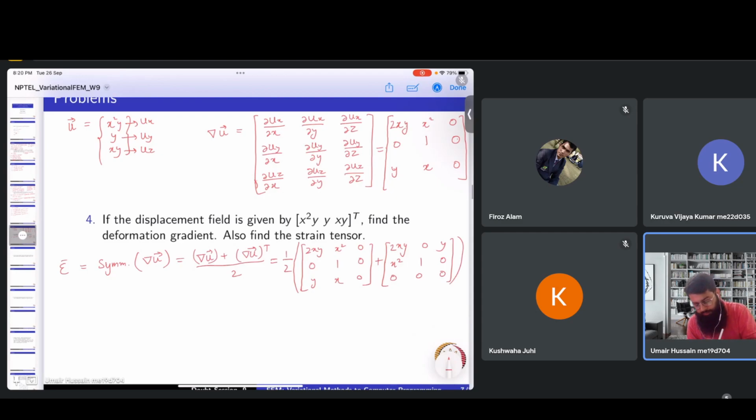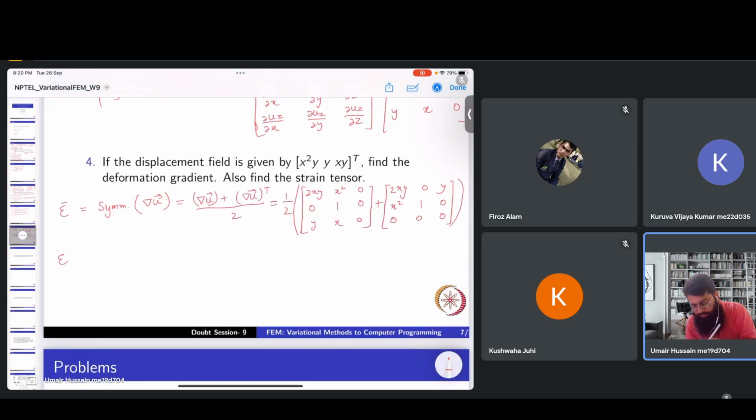So if we add these matrices, we have 2xy plus 2xy becomes 4xy, this becomes x square, this becomes y, then this becomes x square, becomes 2, becomes 0, and we have y, x, and again 0.